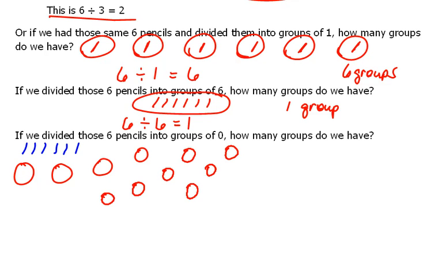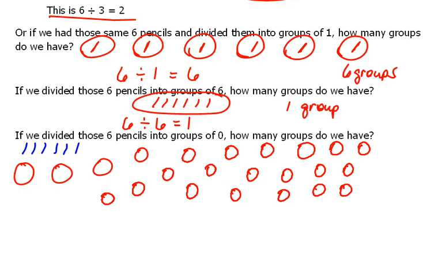I could keep drawing groups of 0 pencils until we are old and gray, and we will still have those 6 pencils left. There's no way that we can really talk about how to do this. This division says 6 divided by 0 is how many groups? Well, it's entirely too many to count.